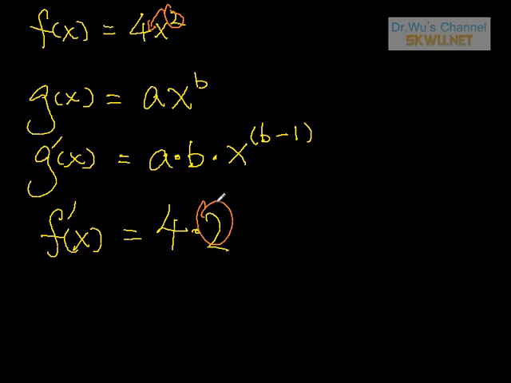So that is the 2. And after we move the 2, then we will have x to the power 2 minus 1. So the answer for this is 8 times x. It's very straightforward and simple.